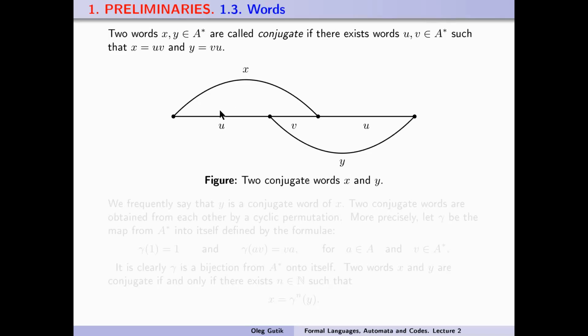What does it mean? We have a word x, and if we take the prefix u of x and put it after v, we get the word y. In this case, the words x and y are called conjugate.